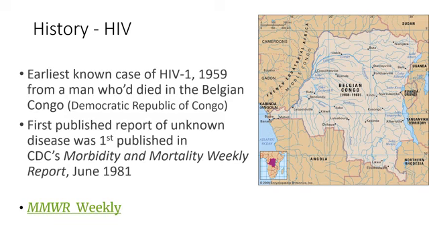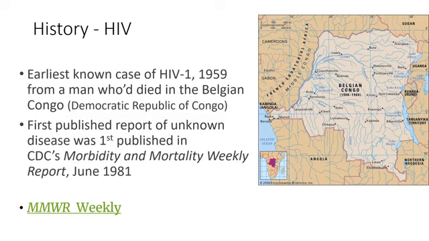The first published report in the United States of a case was in the CDC's Morbidity and Mortality Weekly Report, published in June of 1981. The MMWR Weekly is what the CDC publishes each week, and it tracks all the different kinds of reportable diseases. I used to subscribe to this, but now it's all online.